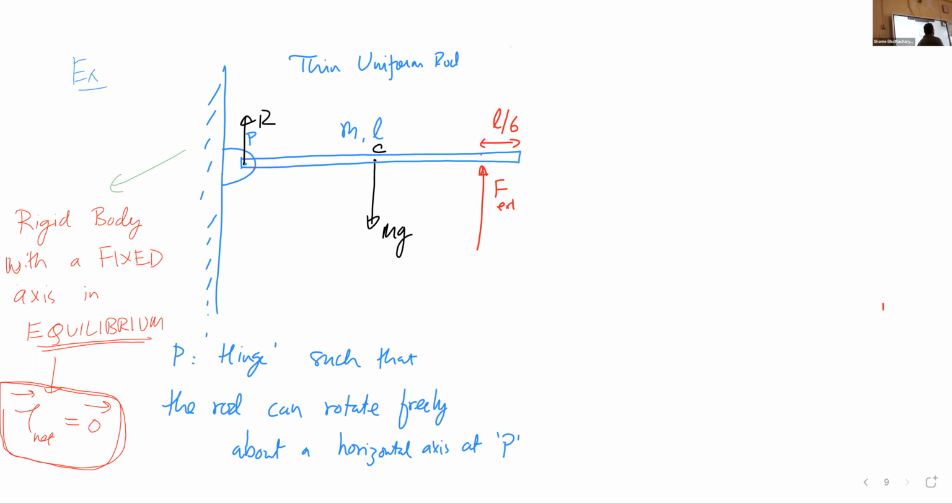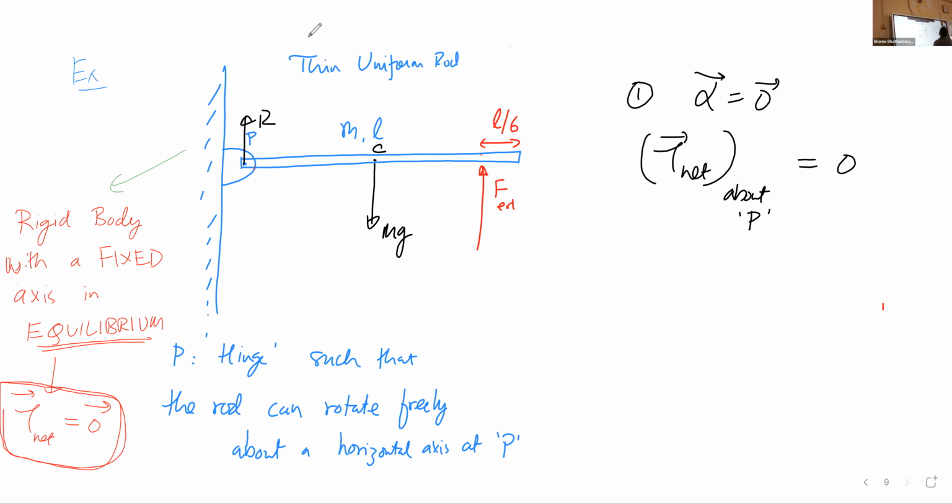You understand it? So now what we'll see here is that, first thing, alpha is 0. There's no rotation happening. So net torque about the hinge P should be 0. Now about the hinge P, it's very easy.